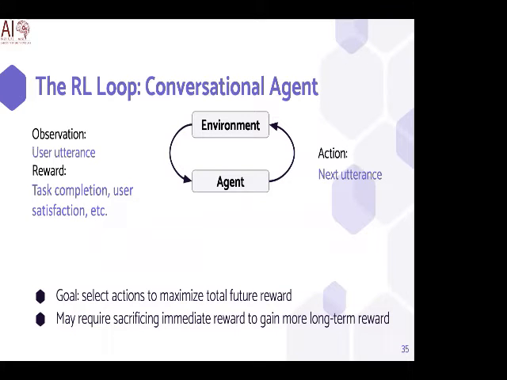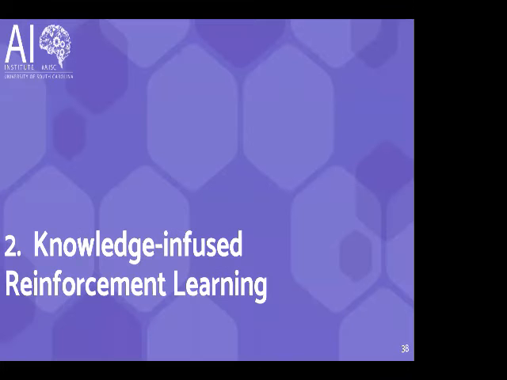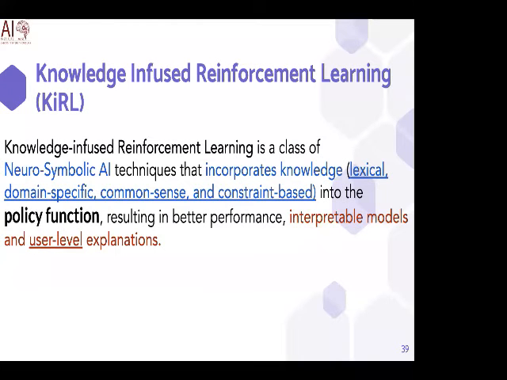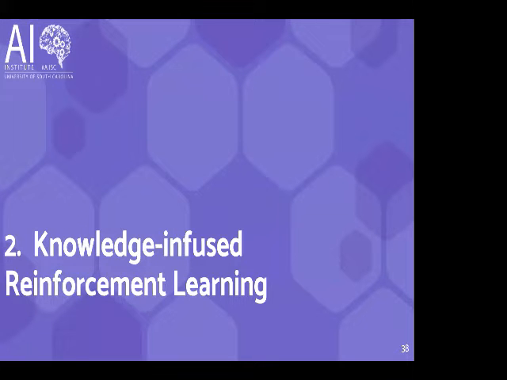Let's go to the knowledge infused learning section. So where does knowledge help? Most obviously, for the specific problem of reinforcement learning. The other issues that knowledge helps with, Manas already covered.